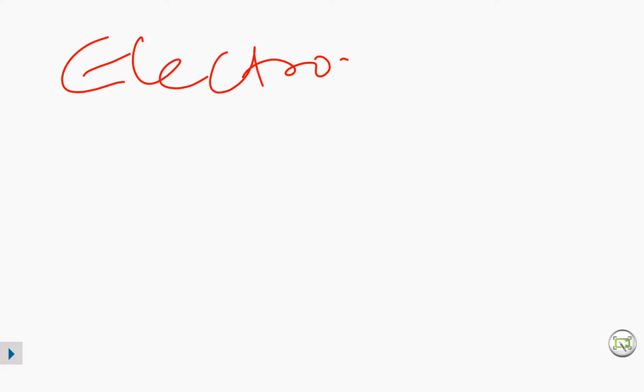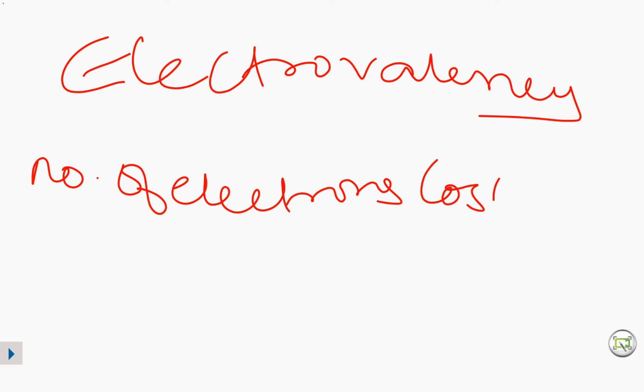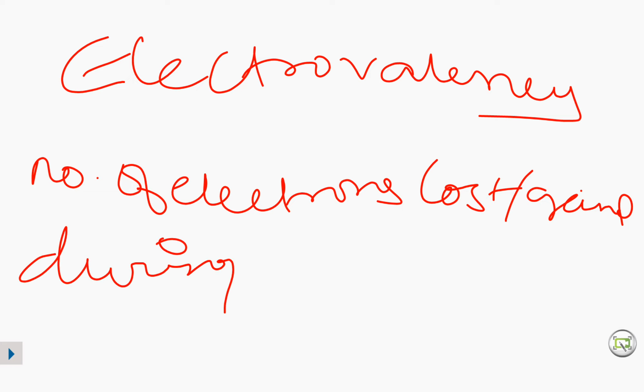And next is electrovalency. It is very much related to this term. It is nothing but the number of electrons lost or gained during ionic bond or electrovalent bond formation.